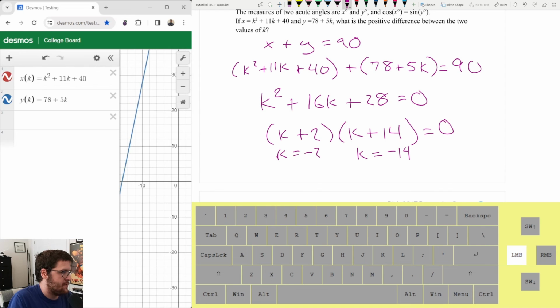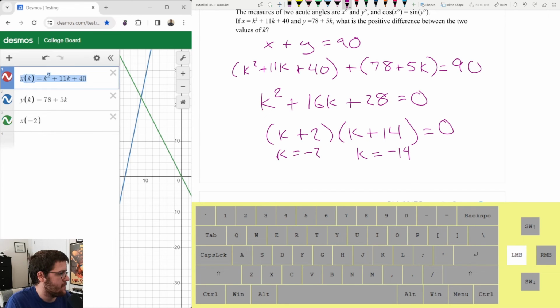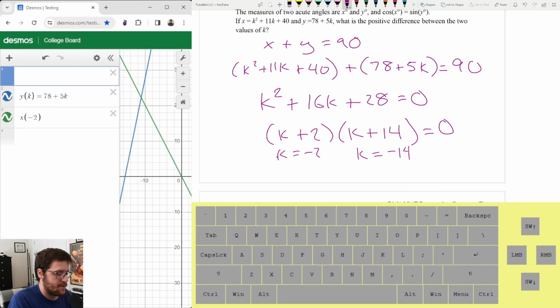And again, those graphs aren't really important. I'm just trying to compute the value. So let's do, what was the first thing we got? Negative 2, x of negative 2. It does not like that. Okay, let me retype it in. I'll just call it angle A of x.